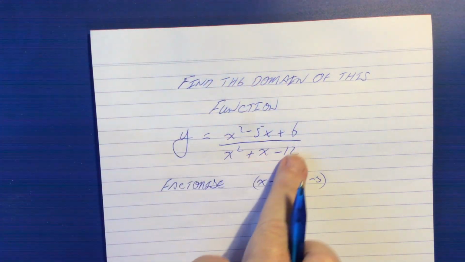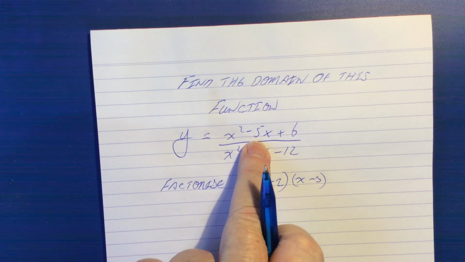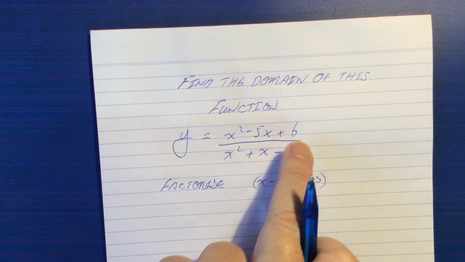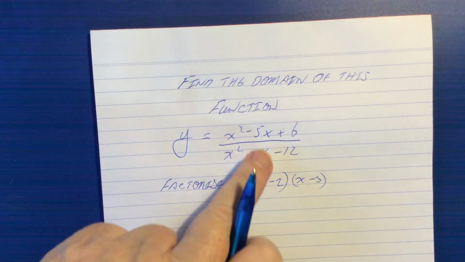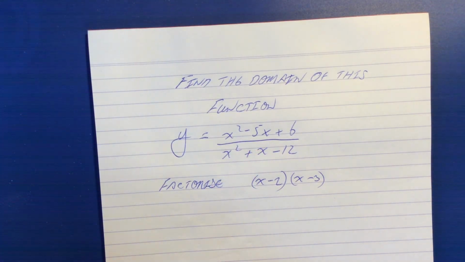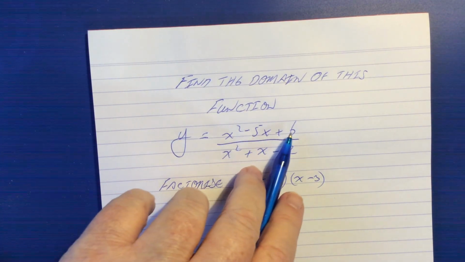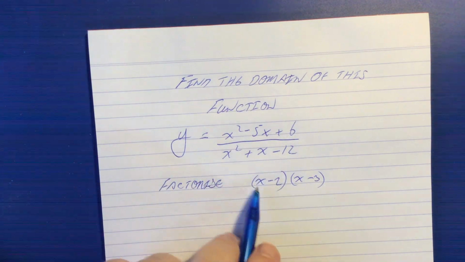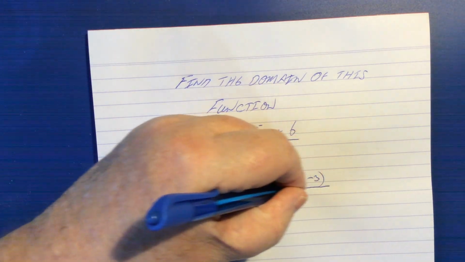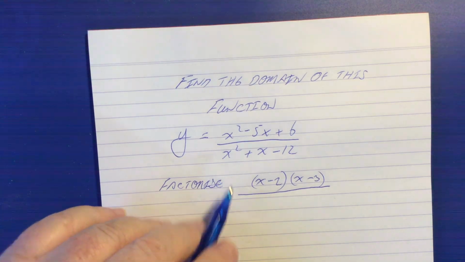Simply factorizing this quadratic, the factors of 6 that add to negative 5. We've got positive 6 and we've got a negative here, so we're going to need 2 negatives to make this and 2 negatives to make that. Hence that outcome there.